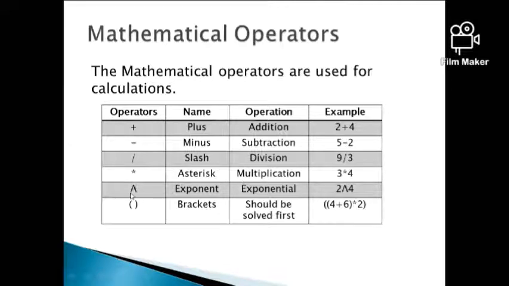This sign is known as exponent, and the operation is exponential. It is just like the power sign. If I write 2 exponent 4, it means 2 to the power 4. It means we have to multiply 2 four times. Okay, this is the power sign.